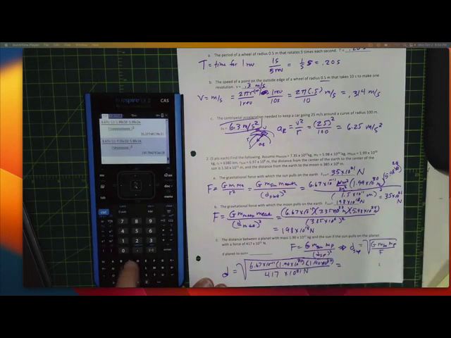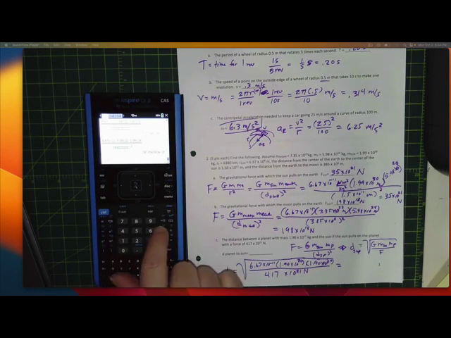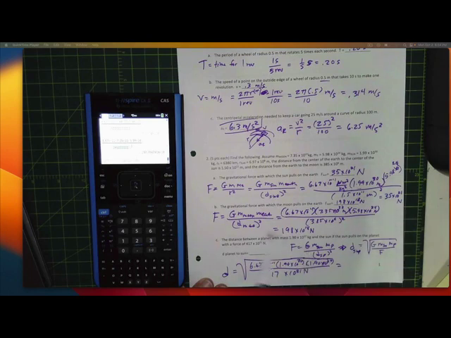So let's plug all that in. Square root, 6.67 negative 11, 1.99 to the 30th, 1.90 to the 27, divided by 417 to the 21.